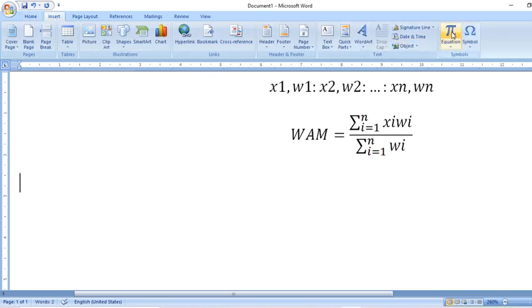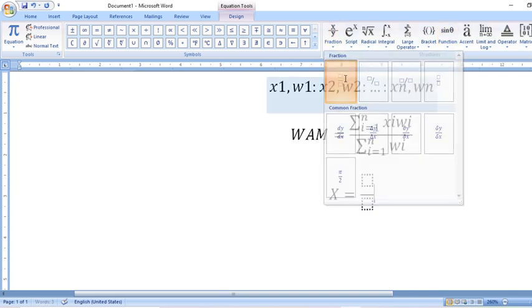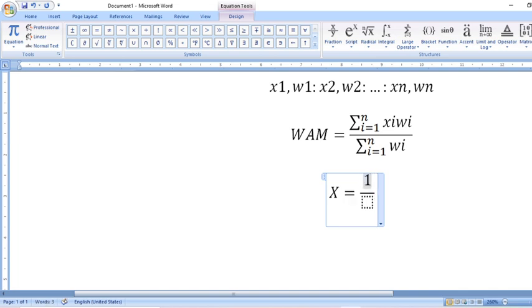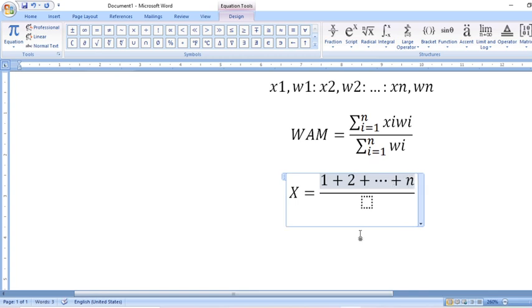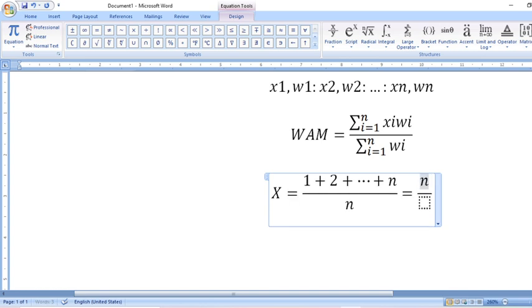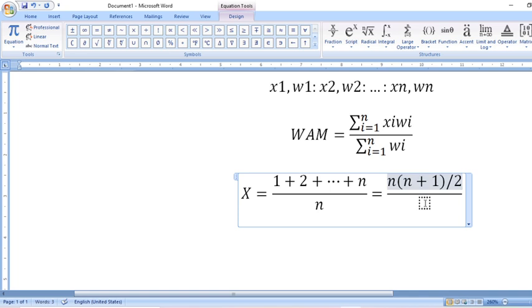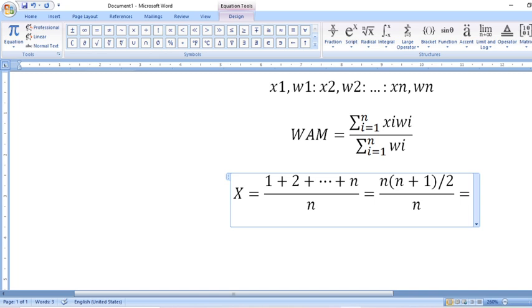Let us construct like this: 1 plus 2 plus etc. plus n by n. So what is the simplified form? We can substitute the value of 1 plus 2 plus etc. n, that is n into n plus 1 by 2, and already we have n.